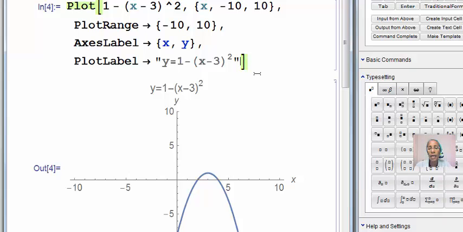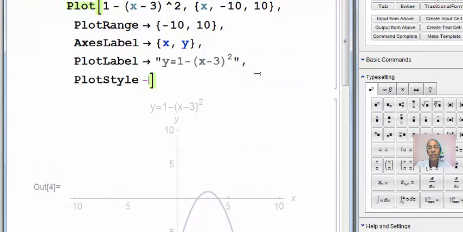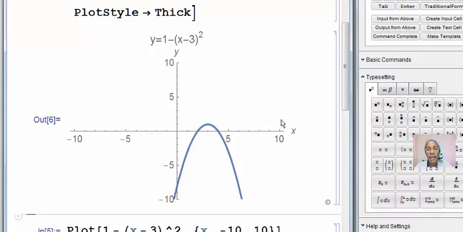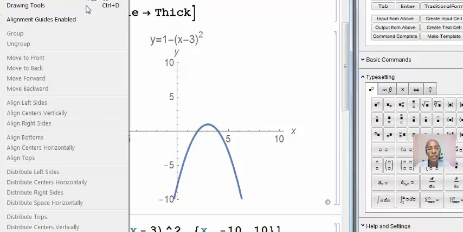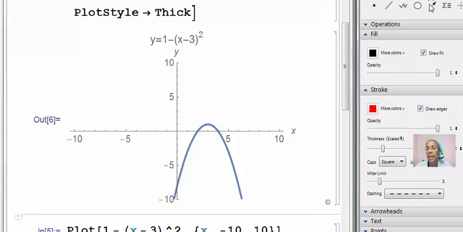All right, and I am going to tell it to make my graph thick. I just want it to be a little thicker than it is. All right, and there it is. And if I wanted to, I can put arrows on this. I'll use the graphics drawing tools. So that pops up as a palette.